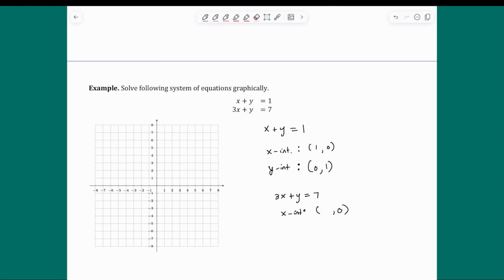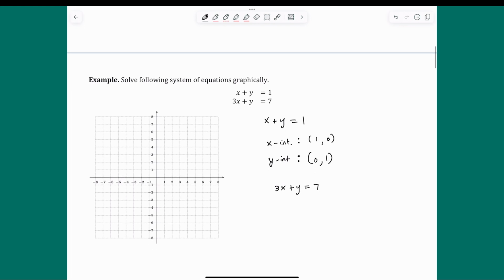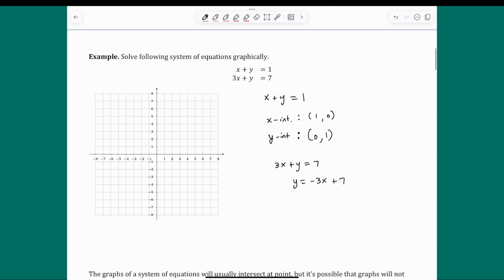In that case, it's probably best to not graph this way. It's probably a little bit easier if we subtract 3x on both sides and rewrite it in slope-intercept form of a line. So we can see here then our slope is negative 3 and our y-intercept is going to be (0, 7).